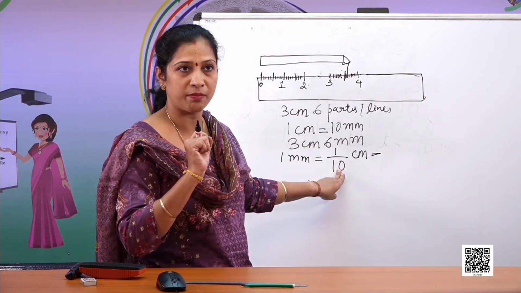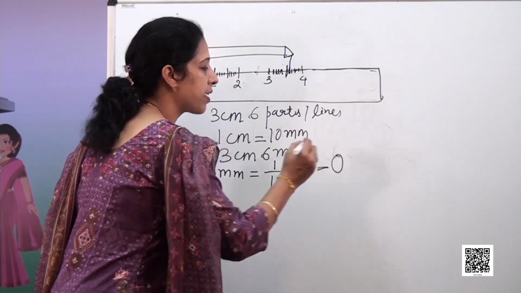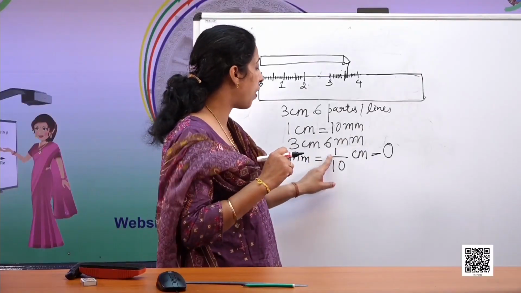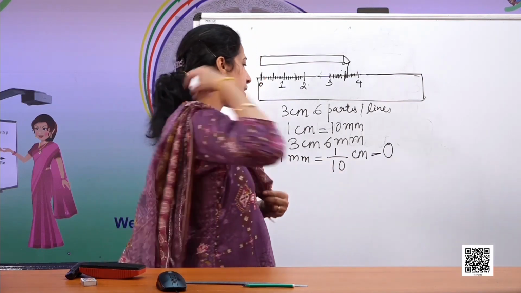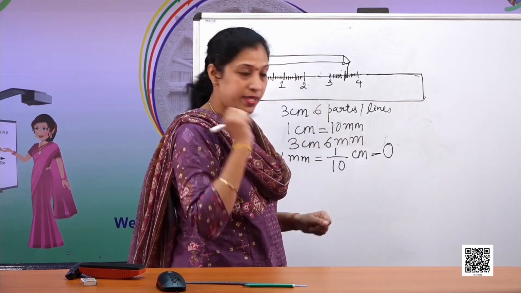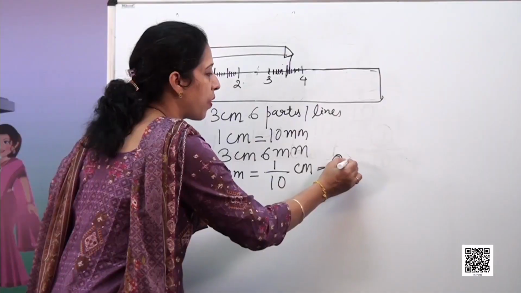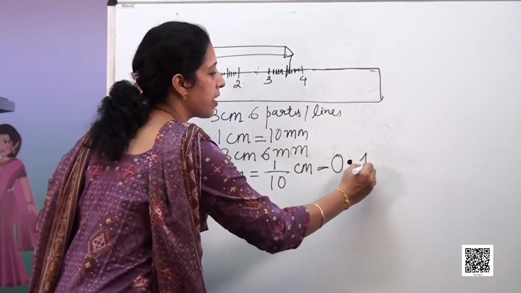It's a fraction number. So when there is no whole number, we can write the whole number as 0. When there is nothing, it is 0. So how are we going to write 1/10 in decimal? Just see this. If there is only 1 zero, this zero we can put as a point. This is the decimal point, and this 1 can be written as 1.